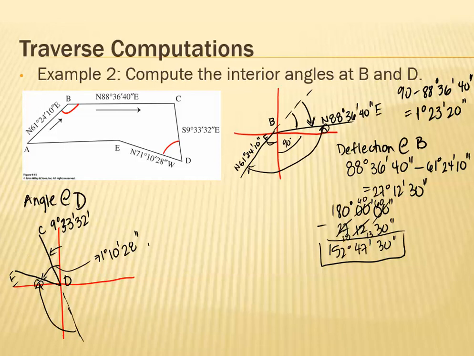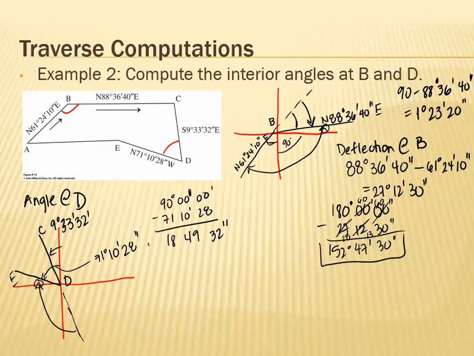I can calculate this right here by subtracting, this little angle is going to be 90 minus 71, that one. So 90 minus 71, 10, 28 gives me 18, 49, 32.